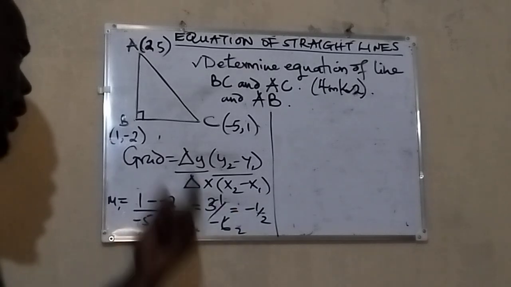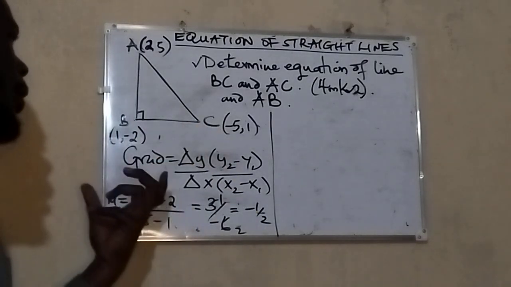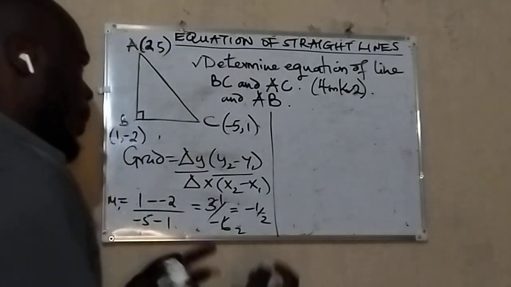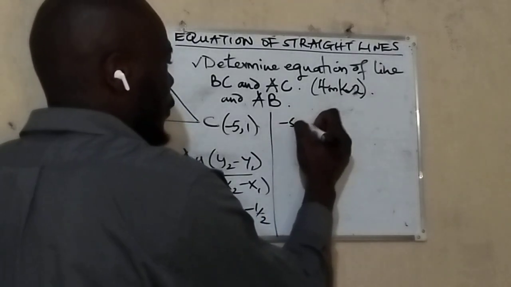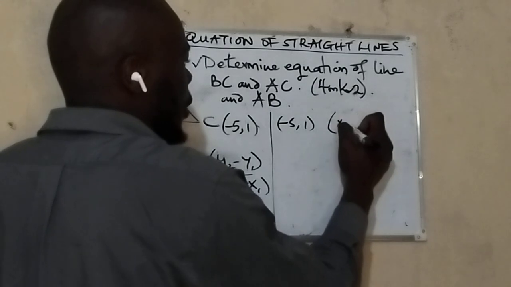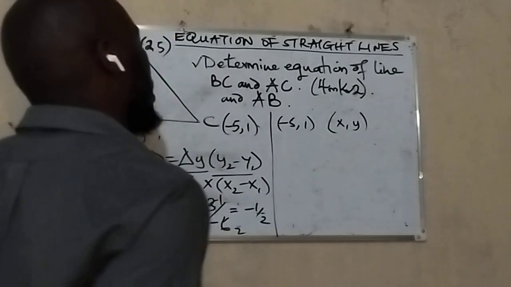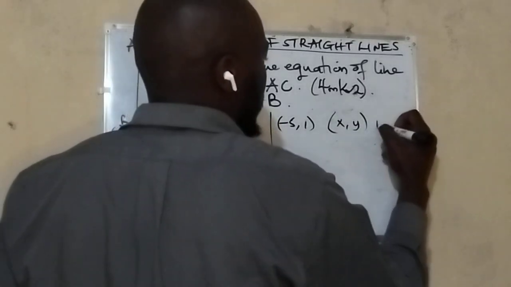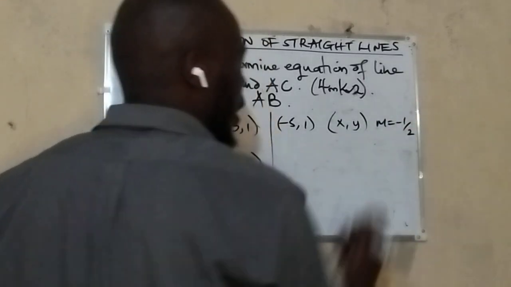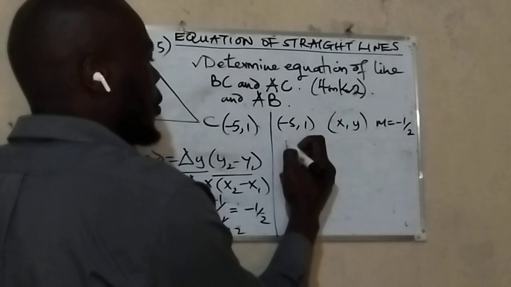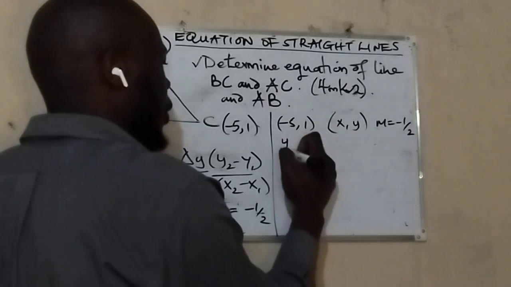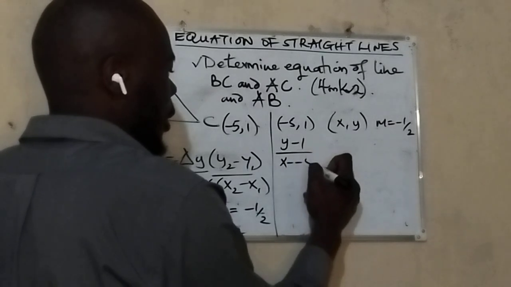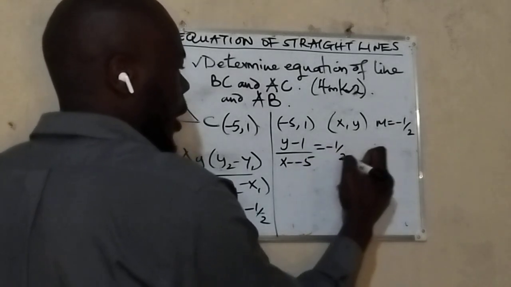So using the gradient and one of the coordinates, we can find the equation of line BC. Again, we have (-5, 1), and we can have another point (x, y) on that line which is unknown, and the gradient is -1/2. So again we say y2 minus y1, so y minus 1 over x2 minus x1, x minus -5, is equal to -1/2.